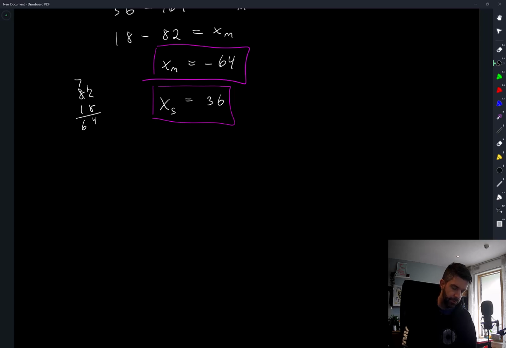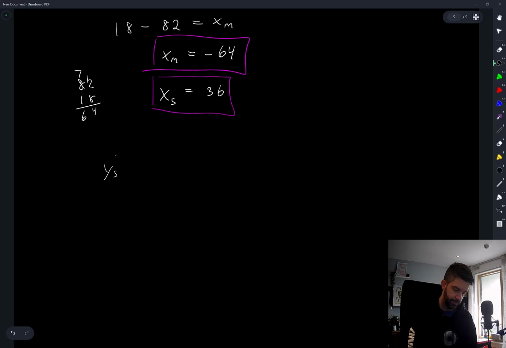Now for one of the vertical velocities. Okay. Ys squared is equal to 60 squared minus xs squared.